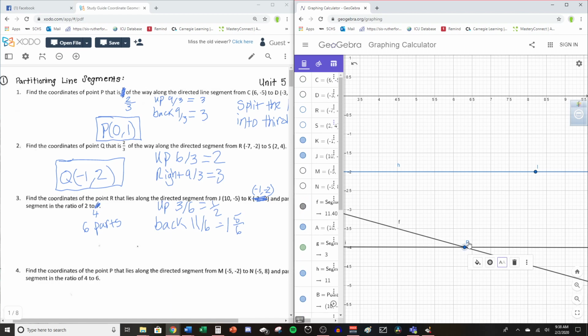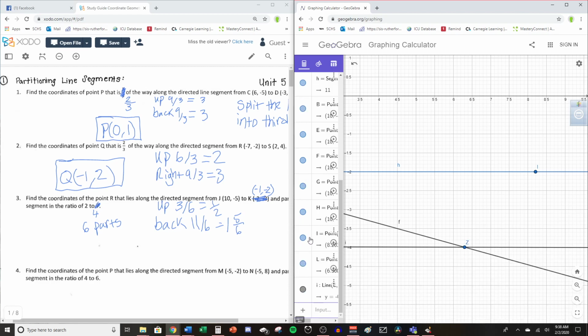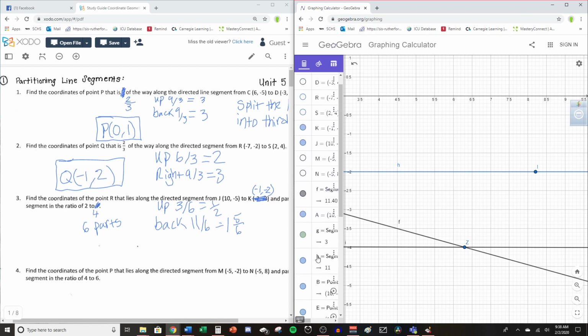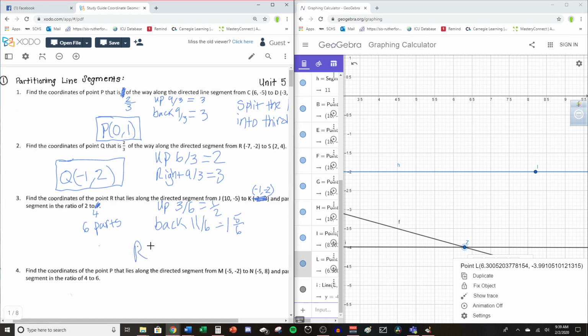Well, I already named one R. Let's actually name it Z, just so that I can see it on here. And maybe I can get the, okay, so here's our point. It's 6.3, comma, we'll just say that's -4. So that's what I'm going to go with. R will be 6.3, comma, -4, and we'll say that that's going to be our answer for this.